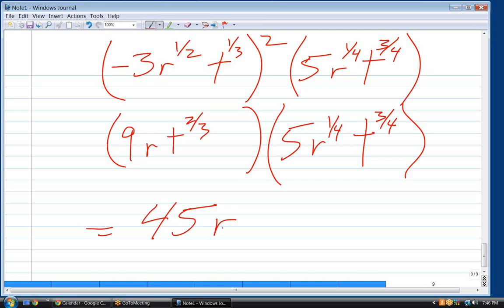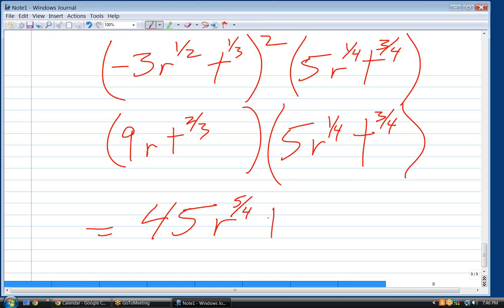What's the exponent on the r variable? What's r to the 1 power times r to the 1/4 power? 5/4. 5/4, exactly. We add. In other words, when you're multiplying same base, you add the exponents.